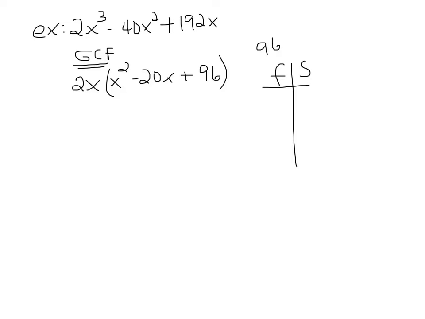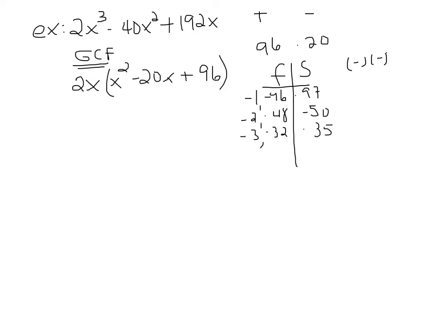So look for two numbers that multiply to 96 and add up to negative 20. Since the product, the factors, is a positive number and the sum is negative, we know that both our numbers are going to have to be negative. I don't think it's going to be negative 1 and negative 96. Those add up to negative 97. How about negative 2 and negative 48? Nope. Negative 3 and negative 32?